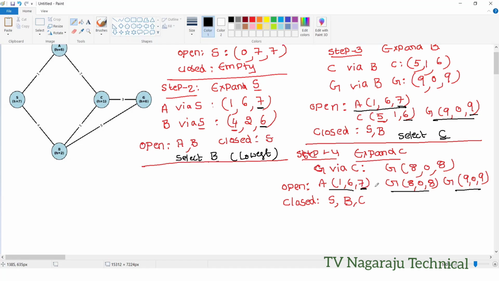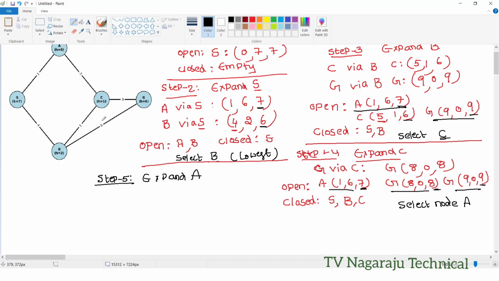Here the values are 7, 8, 9. So at step number 5, I select node A. So expand A.